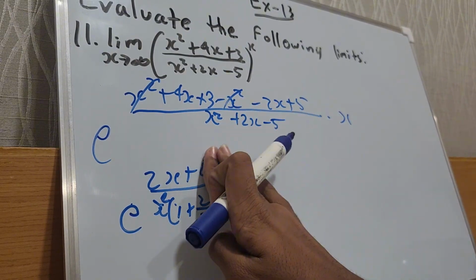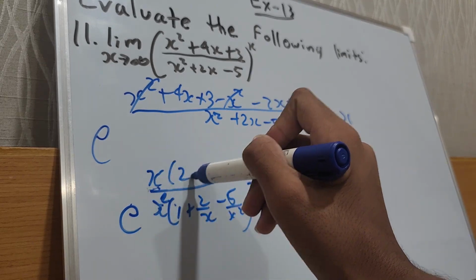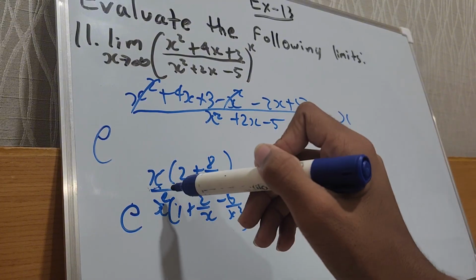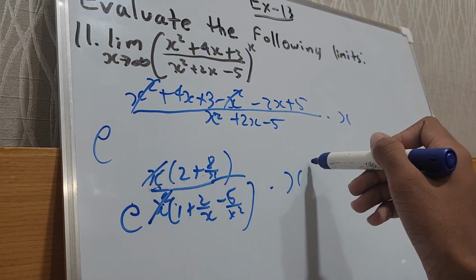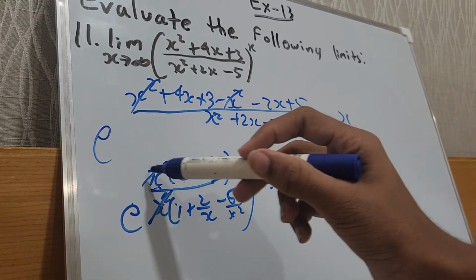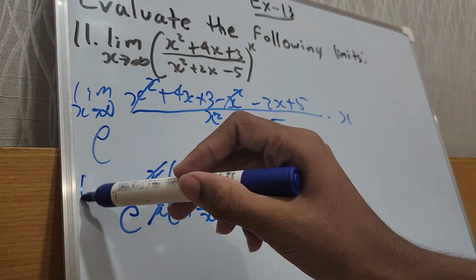This also we'll take over here as well: 2x plus 8, x, 2 plus 8 by x into x. Here x cancels, so 2 by 1, which is equal to... I always keep forgetting limit x tends to infinity.